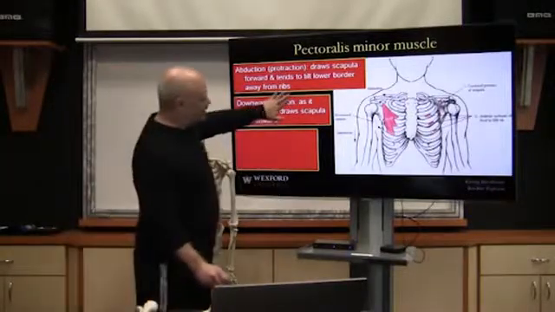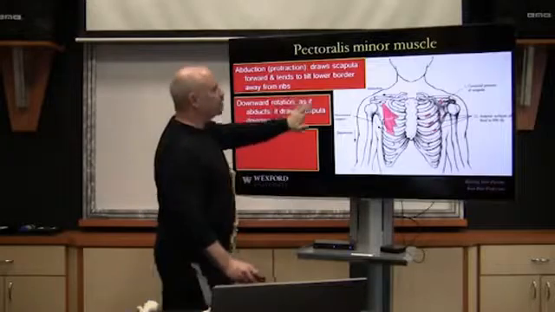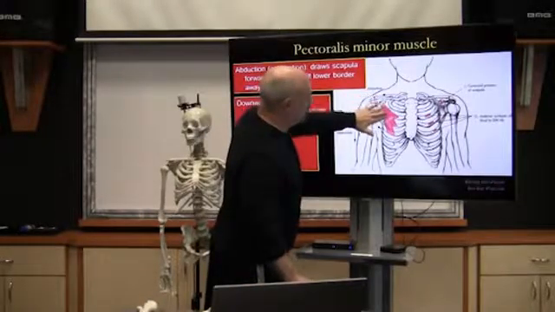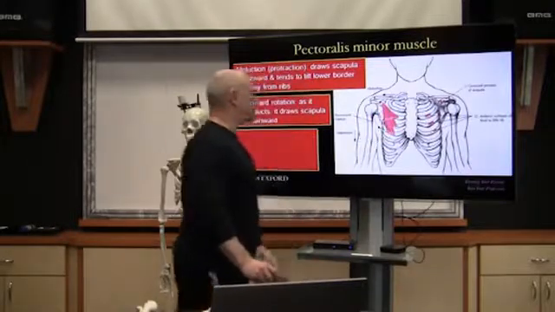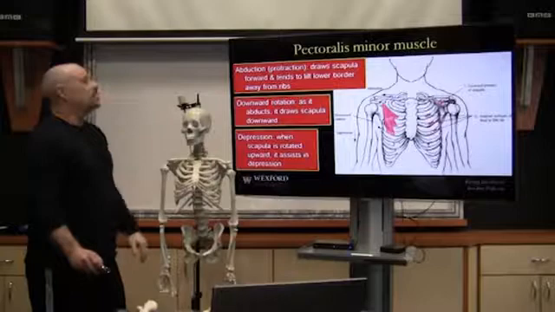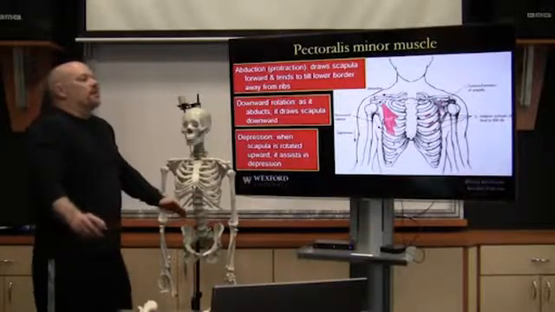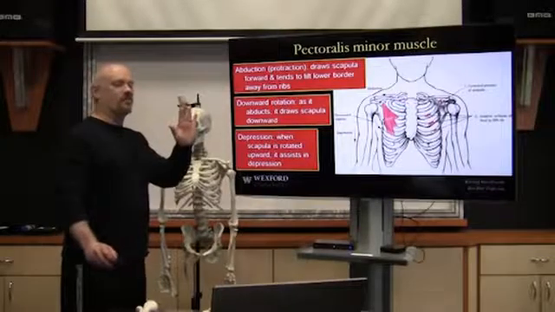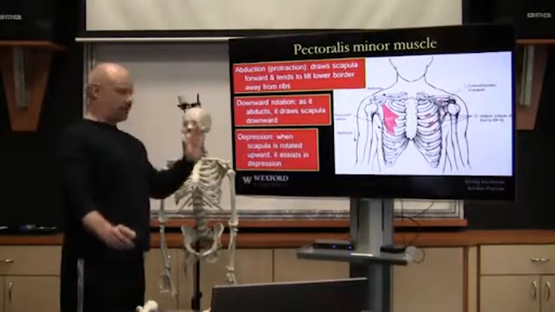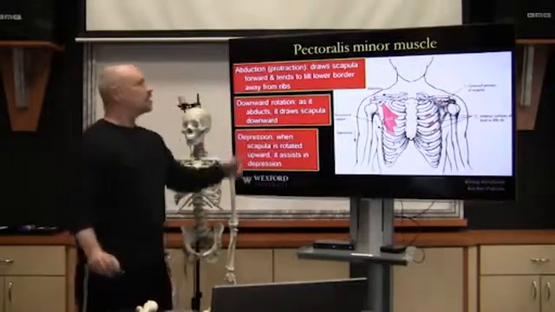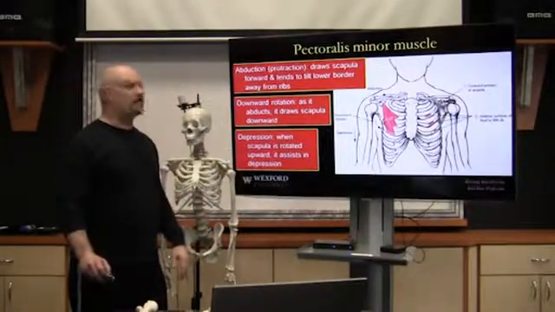Remember, if you're up in upward rotation, when these contract, they're going to pull it down into downward rotation. It also causes depression. So if you're on the back side of the scapula, like trapezius number 4, the lower traps can cause depression of the scapula, but so does the pectoralis minor.